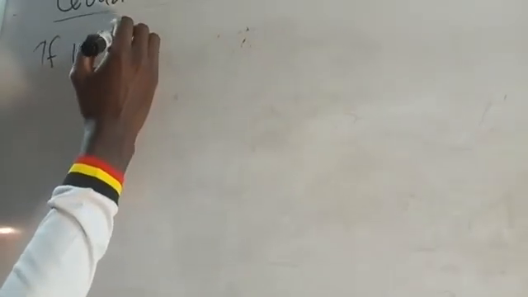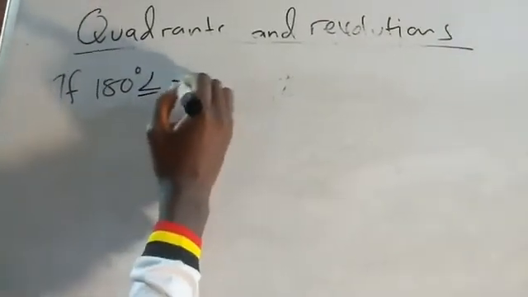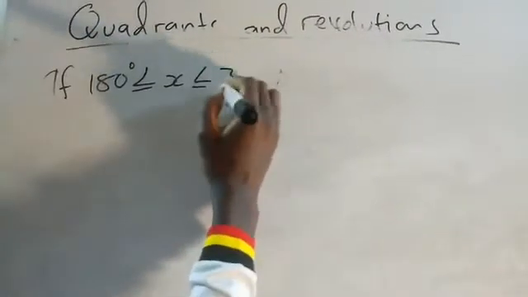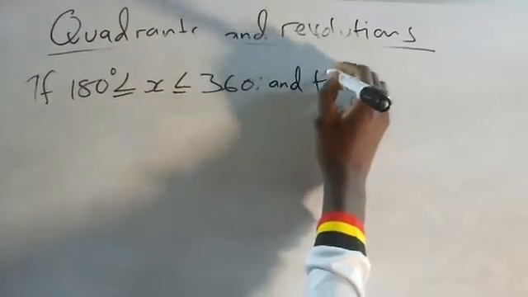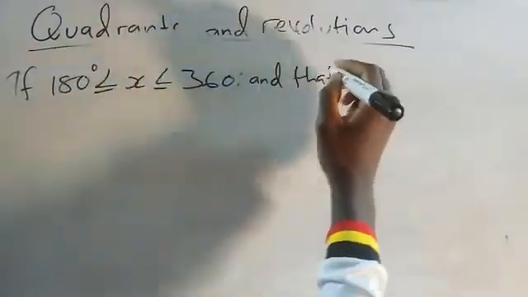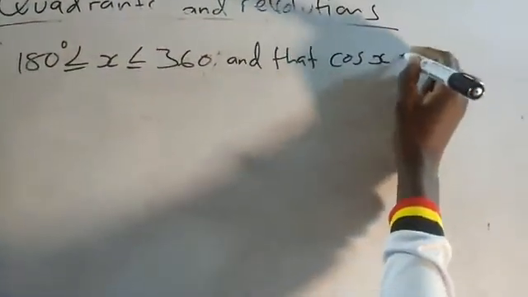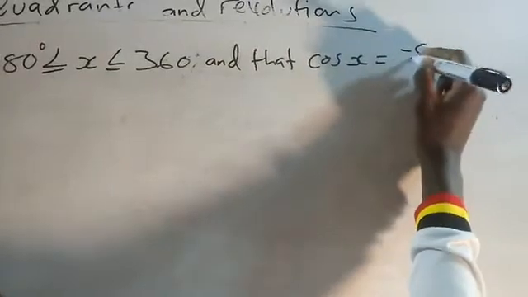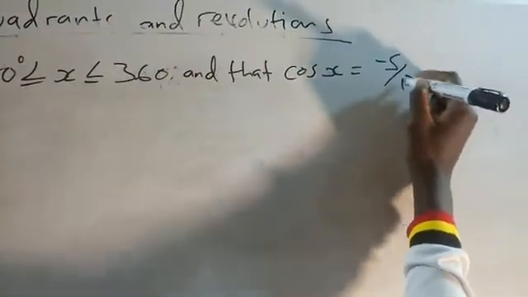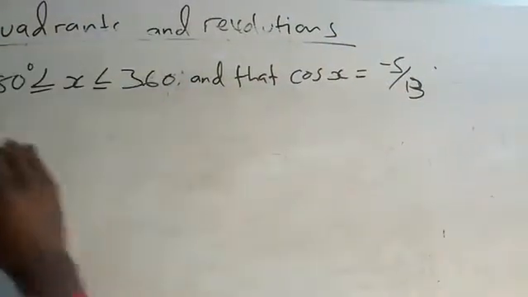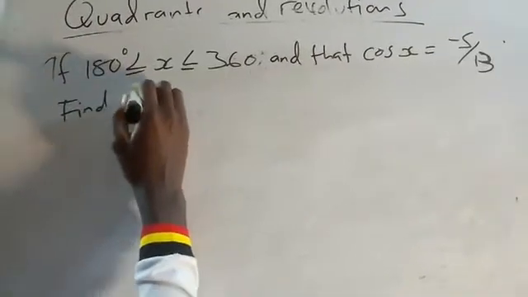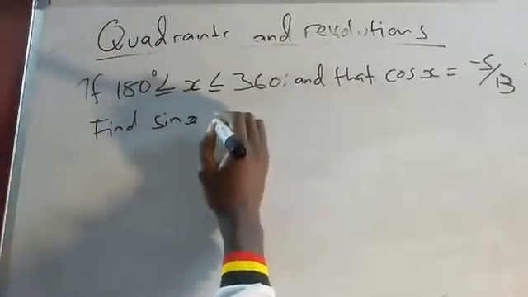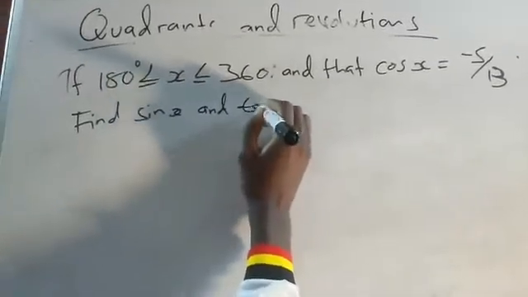If 180 degrees is less or equal to x and x is less or equal to 360, and that cos x is equaling to negative 5 over 13, find sin x and tan x.